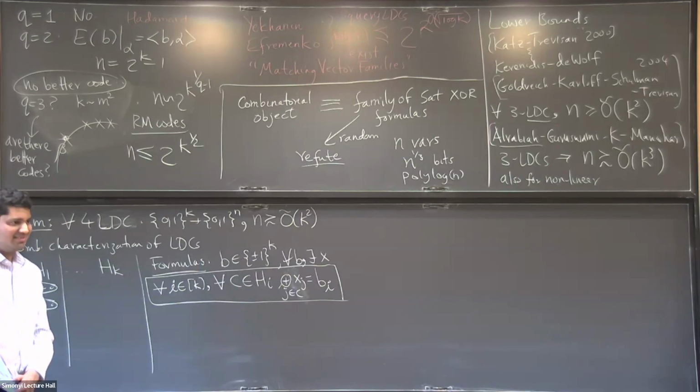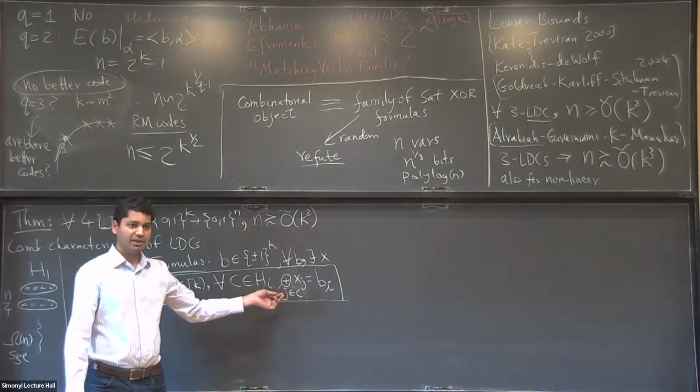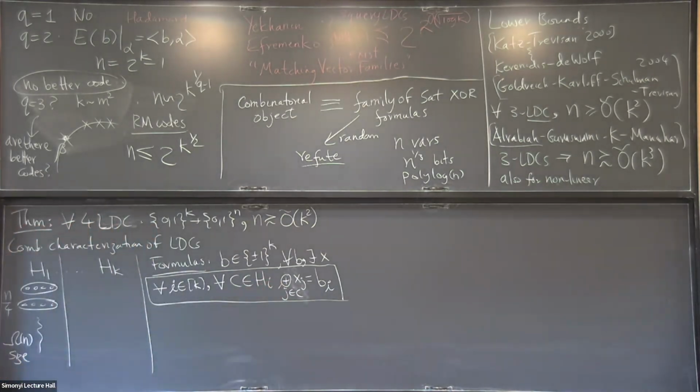Let me repeat Pedro's point, it's a good one. How is the LDC playing a role here? The LDC is saying that the constraints have this union of disjoint matchings structure, right? That's giving you some structure in the kind of equations you have. And what Pedro is saying is that somehow we are going to use this structure of the equations to show that very few bits of randomness are enough to prove unsatisfiability. That's the intuition. Good.